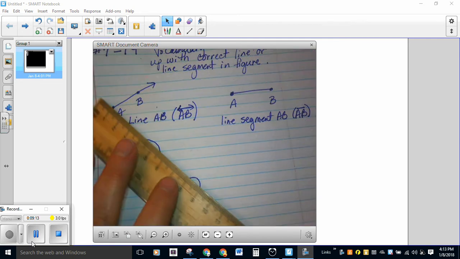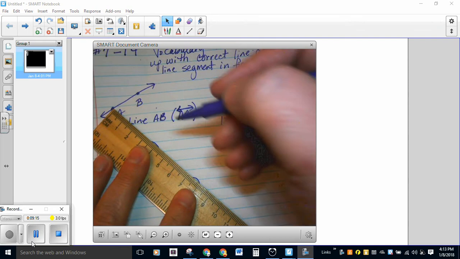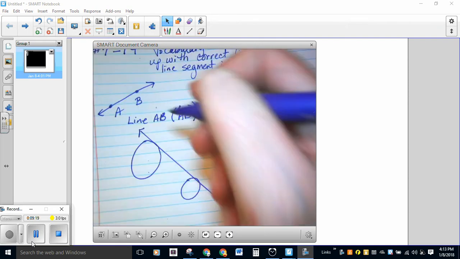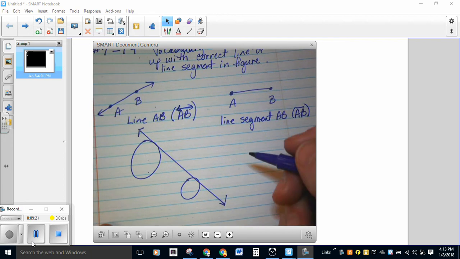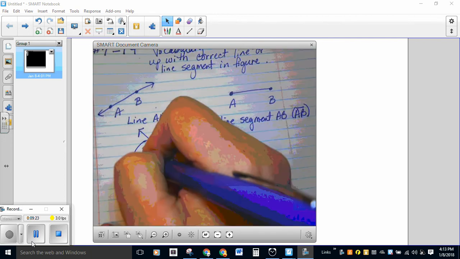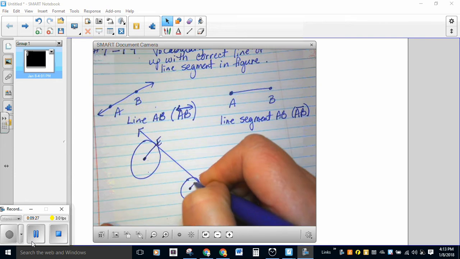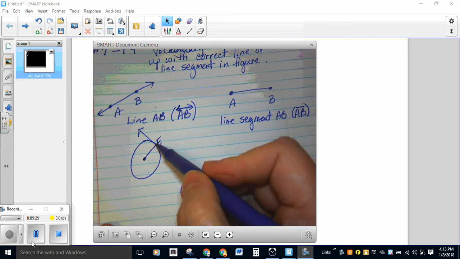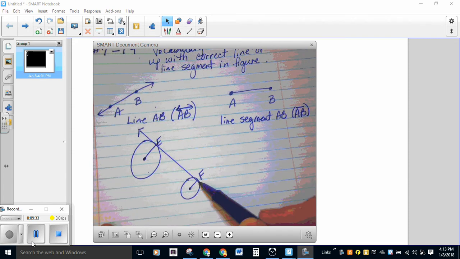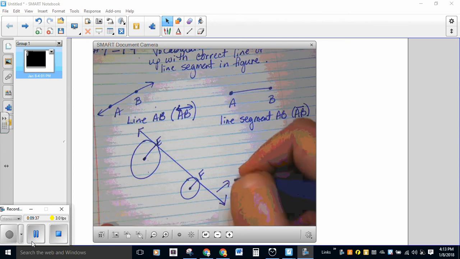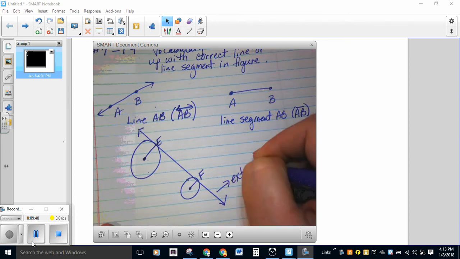An external tangent or exterior tangent connects the point of tangency from one circle to the point of tangency to the other circle, but they're outside those two circles.